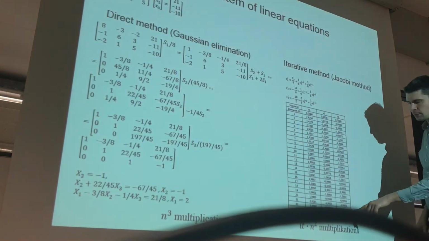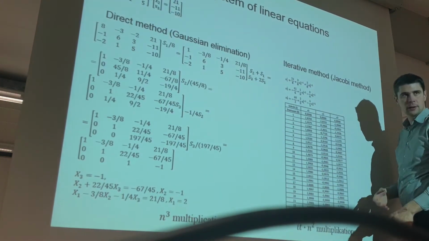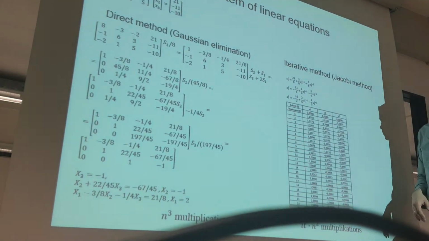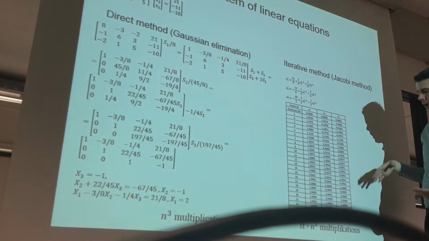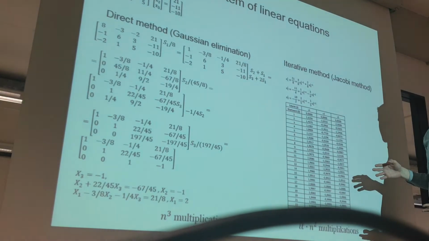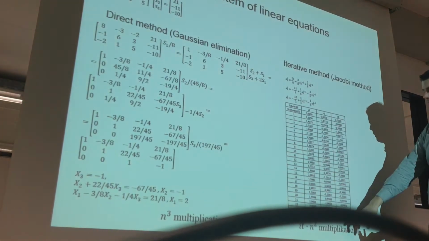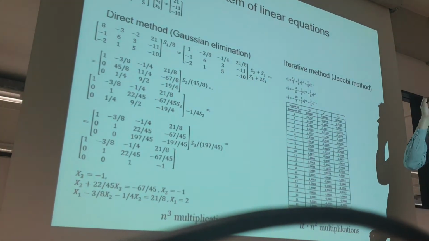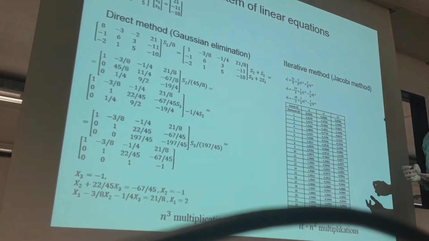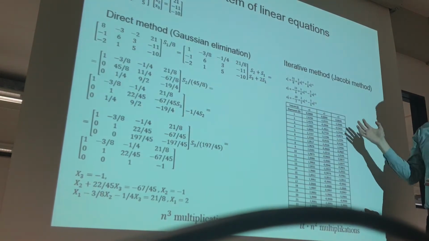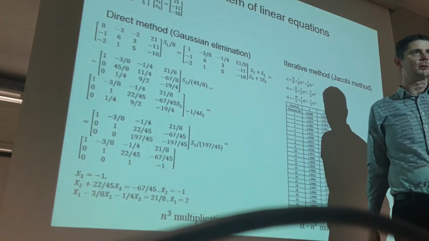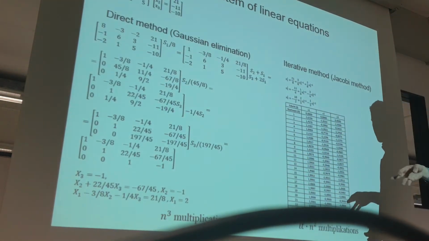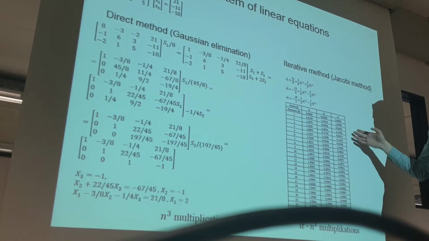At the end, for example, after 23 iterations, I found the solution. So an iterative method means I need many iterations. The problem is I don't know how many iterations I need. And every iteration costs n squared multiplications. As a next problem, maybe I cannot find a solution. With the direct method, I will always find a solution. With the iterative method, it's possible that I will not find a solution.